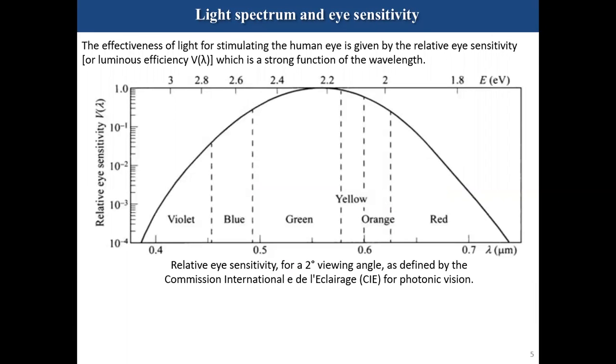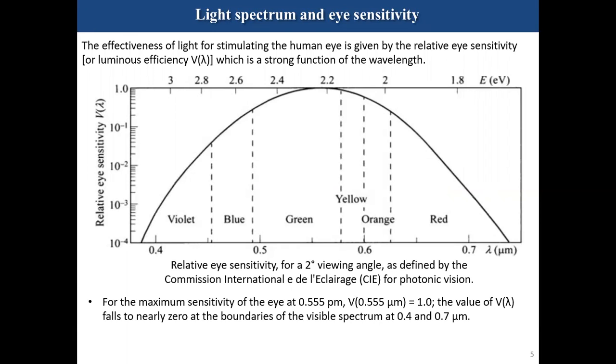Now, the effectiveness of light for stimulating the human eye is driven by the relative eye sensitivity, a luminous efficiency, which is a strong function of wavelength. The maximum sensitivity of the eye is at 0.555 microns, and the value of this falls nearly to zero at the boundaries of the visible spectrum, 0.4 and 0.7 microns.